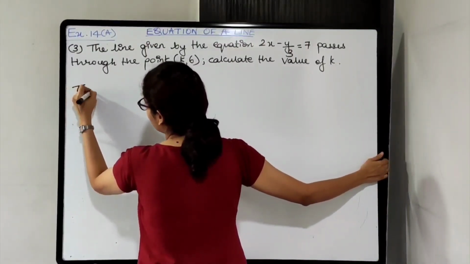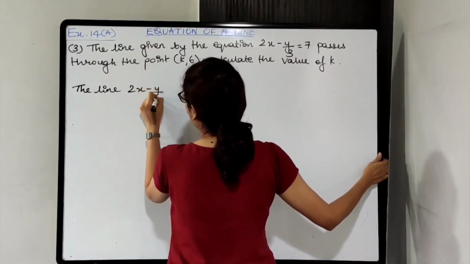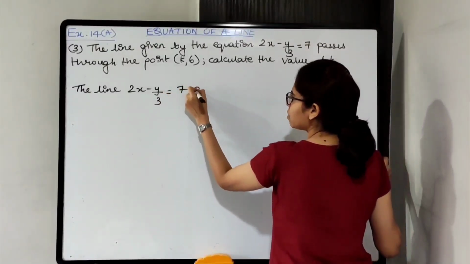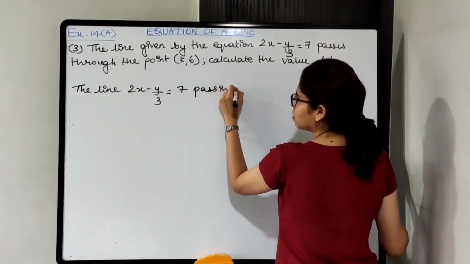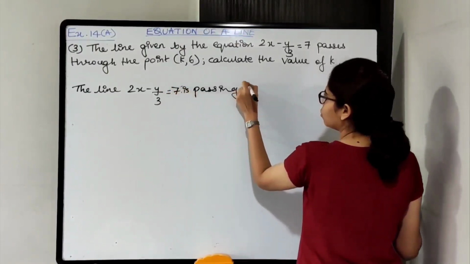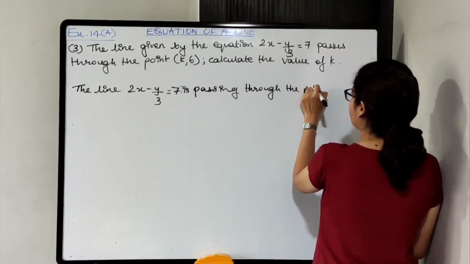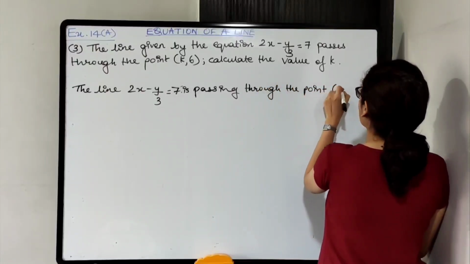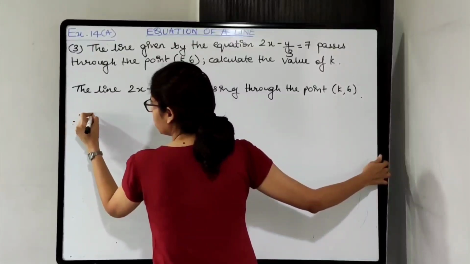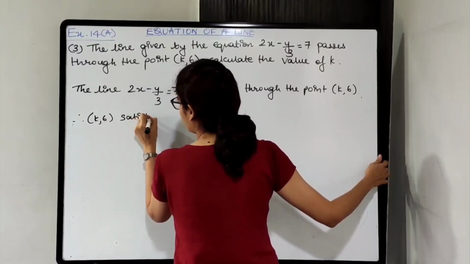The line is 2x minus y by 3 equal to 7, which is passing through the point k comma 6. So it satisfies the equation. So write down after this, therefore k comma 6 satisfies the equation.